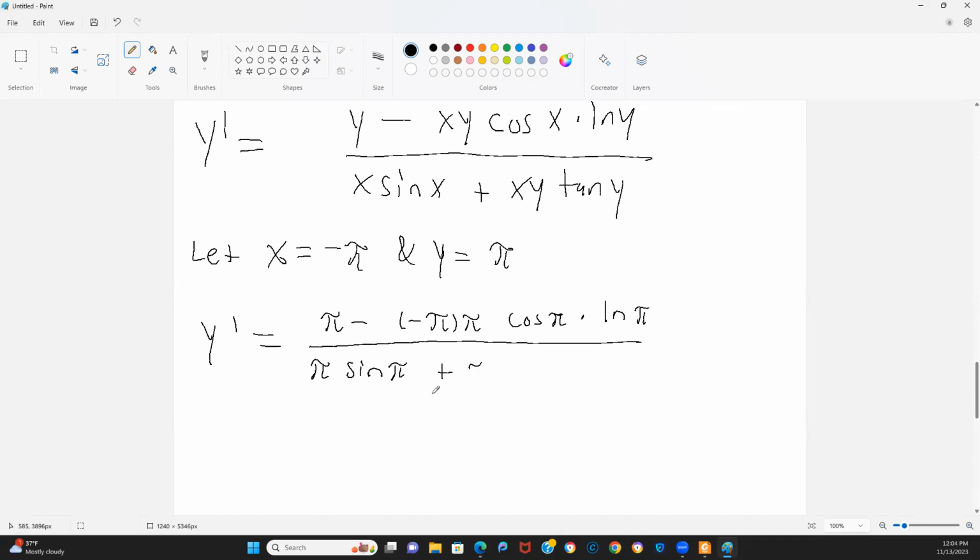Wait, so sorry, it's not going to make a difference, but this is negative pi sine of negative pi. That's still 0, plus negative pi tangent of pi.